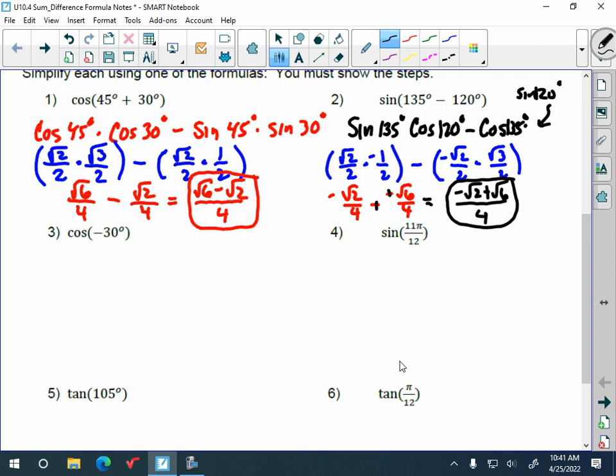All right, so on 3, they just tell you find cosine negative 30 degrees. So again, we're using sum or difference. So this time we have to break it up. We have to use angles that are on the unit circle, and we need 2 angles that either add or subtract, okay? So when you add them or subtract them, you're going to get negative 30 degrees.